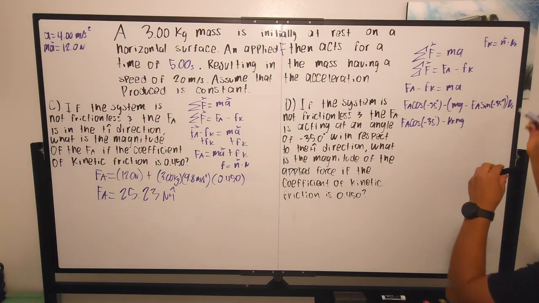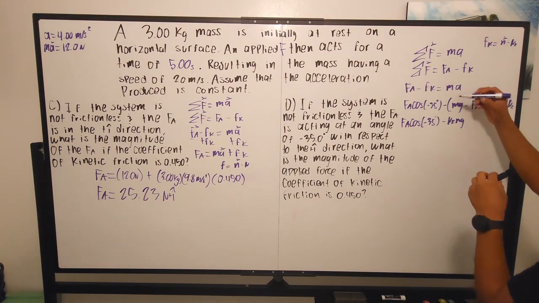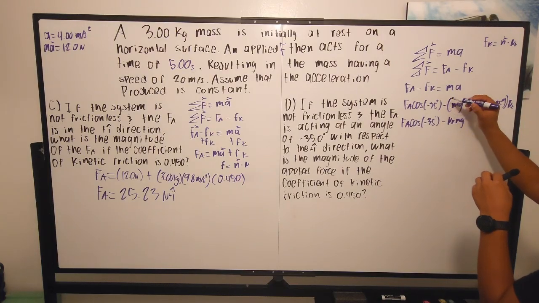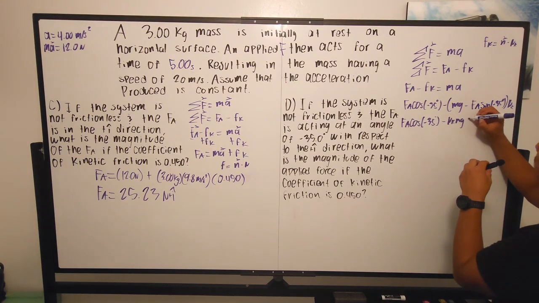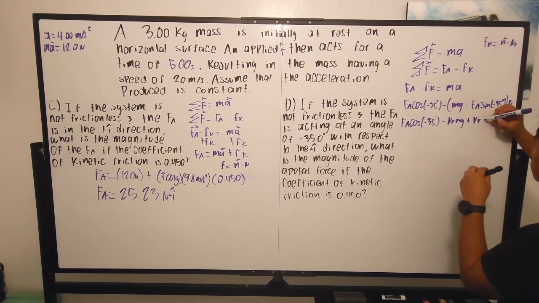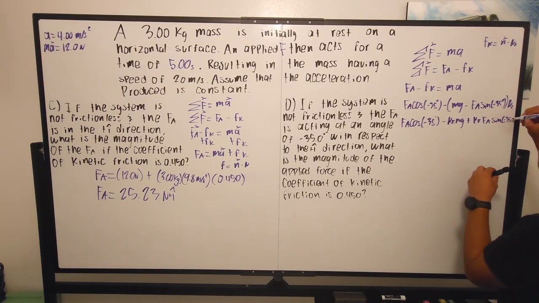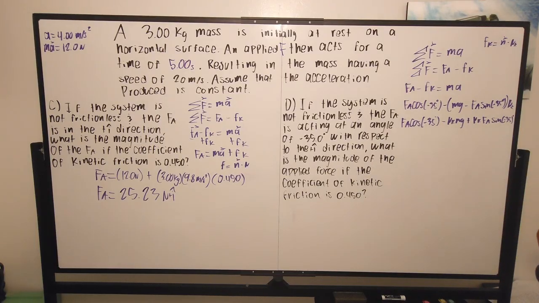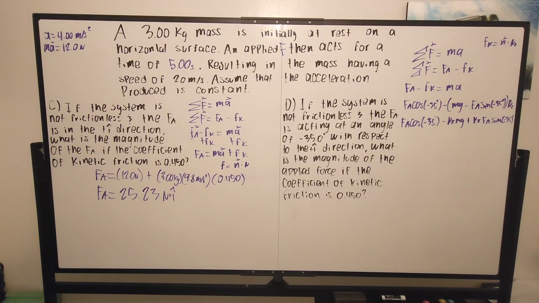But anyway, when I distribute this one over here, basically it's like a negative 1 right there. So I'm distributing that negative 1 to each of these terms, and I'm also distributing this coefficient of kinetic friction to both of these terms. So then this is going to give me plus the coefficient of kinetic friction multiplied by the force applied sine of negative 35 degrees. Notice that I'm leaving this alone for right now because I'm not going to do anything to it just yet.